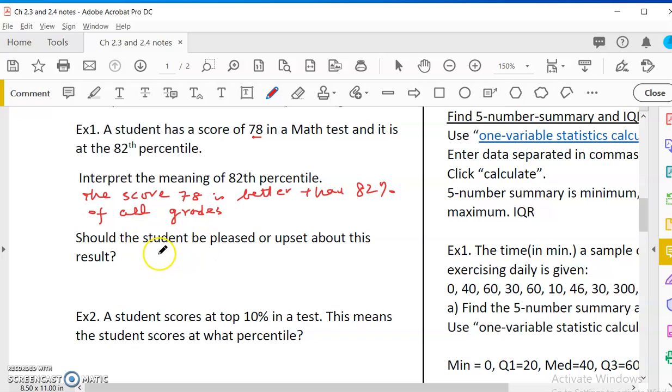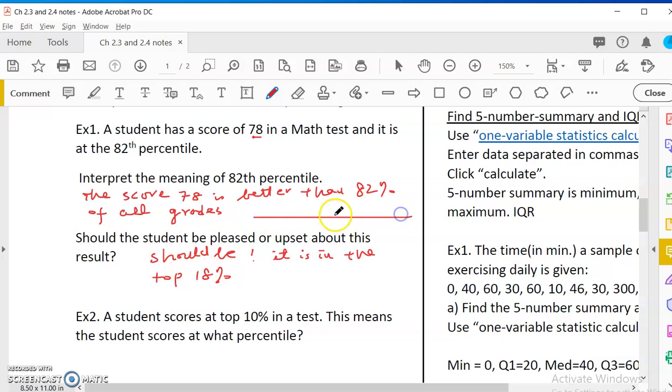So should a student be pleased? I think so, because about 82% of all students are below that person. Should be, because it is in the top 18%, so only 18% of people are above.